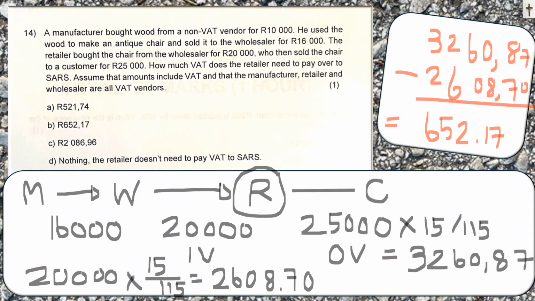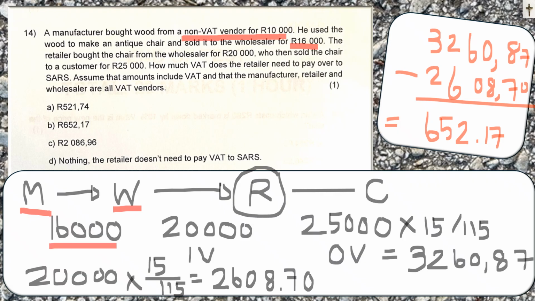A manufacturer bought wood from a non-VAT vendor once again for 10,000 Rand. He used the wood to make an antique chair and sold it to the wholesaler for 16,000. Manufacturer bought from a non-VAT vendor for 10,000, sold it to the wholesaler for 16,000.